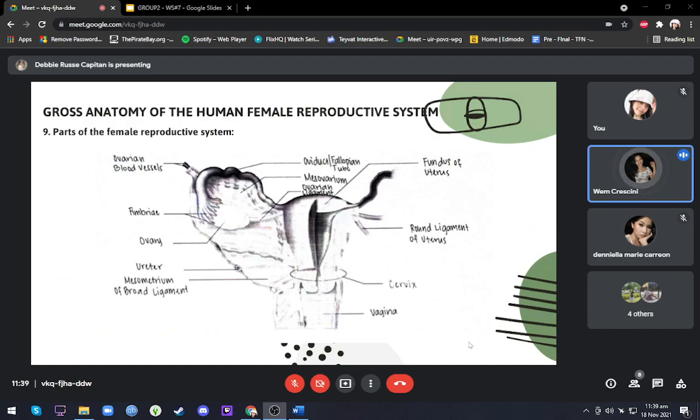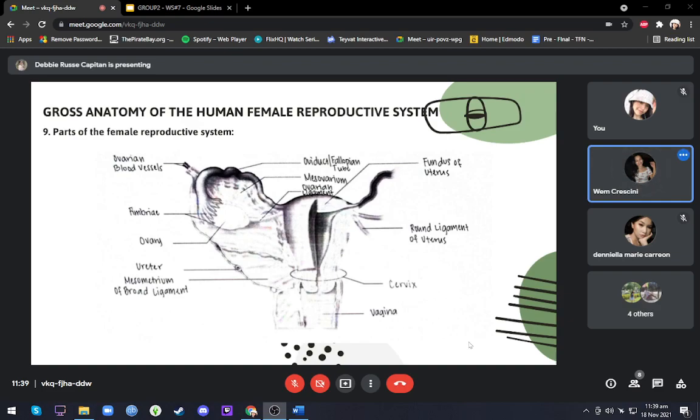So we have here the gross anatomy of the human female reproductive system. So number nine, parts of the female reproductive system. We have here the ovarian blood vessels, and then the fimbriae, and then we have here the ovary, the ureter, the mesometrium of the broad ligament, and then in the center we have the oviduct or the fallopian tube.